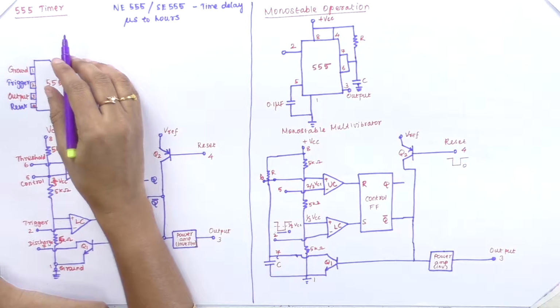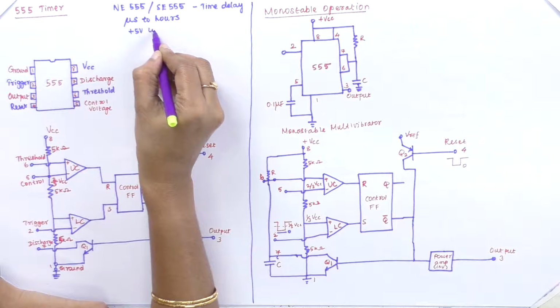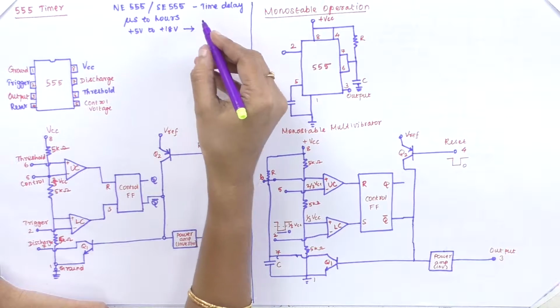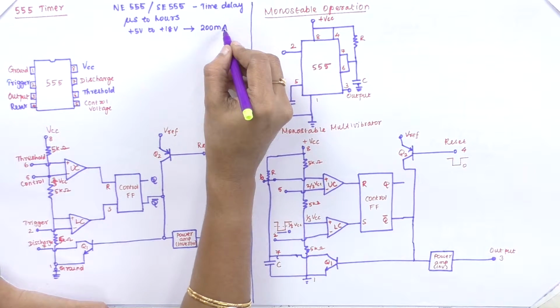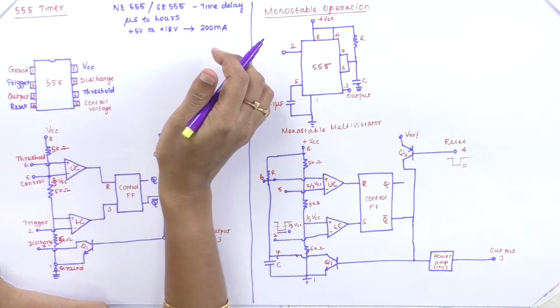For the 555 timer, the supply voltage we use is from plus 5 volts to a maximum of plus 18 volts, and it drives a load of up to 200 milliamps. Where can we use this 555 timer?